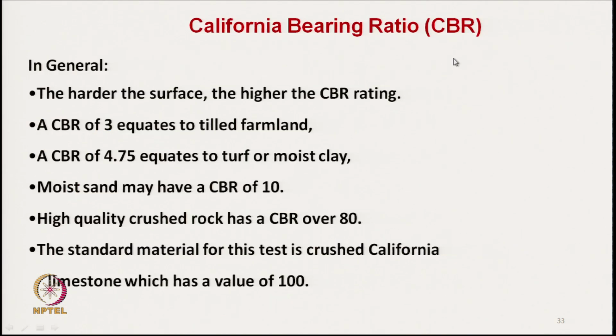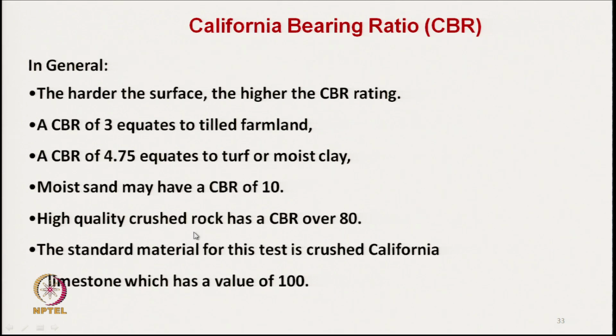So, if we try to see the standard CBR values, the harder the surface, the higher the CBR value. A CBR of 3 equates to tilled farmland, very weak farmland, and for moist clay it is 4.5.